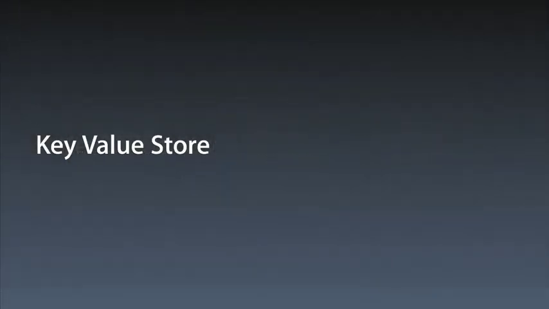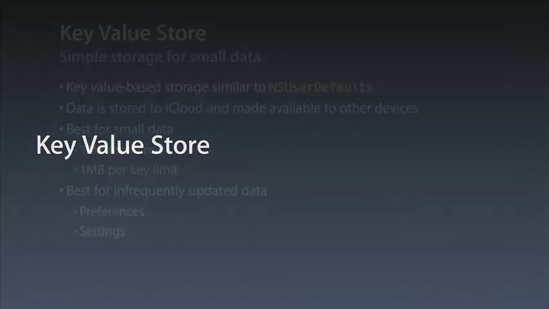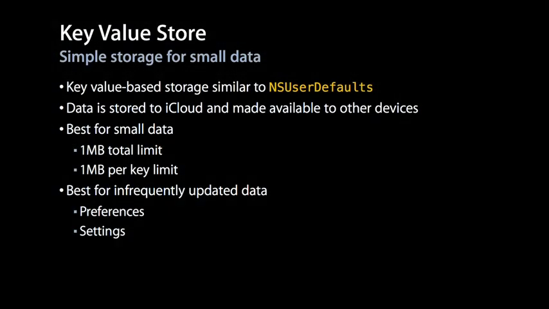And here we're going to start by first talking about the key value store. Now the key value store is all about simple storage for small data. It's got an API that's very similar to NSUserDefaults. So if you've stored anything to user defaults, you're going to find working with this API very simple. Data that you store into the key value store is sent to iCloud automatically and made available to all of a user's devices.